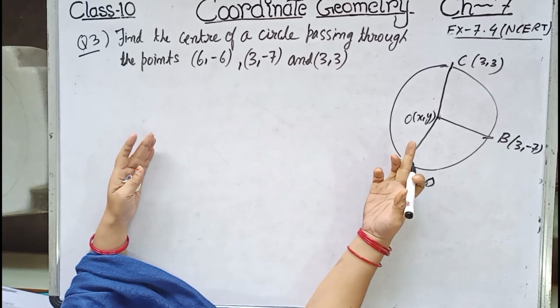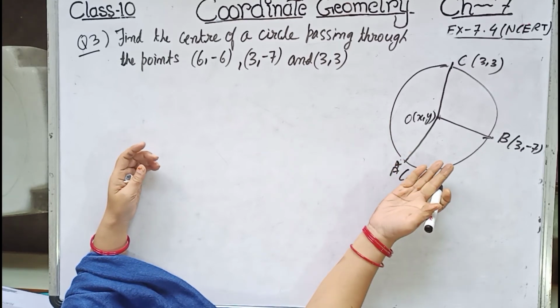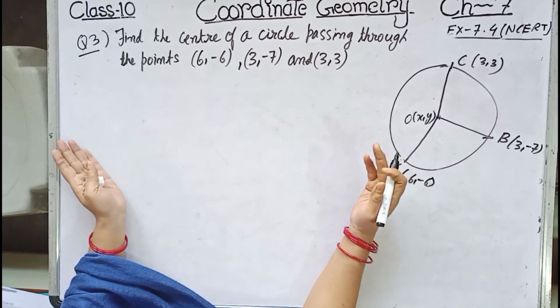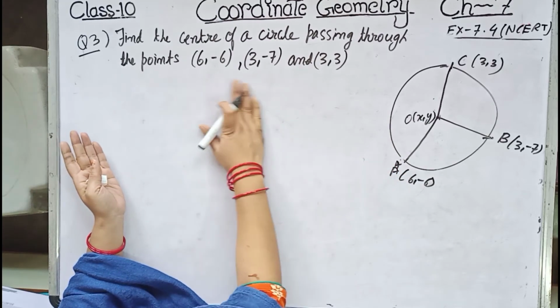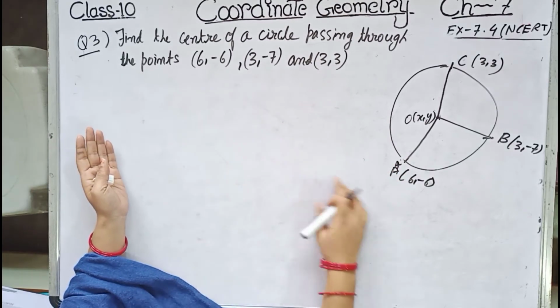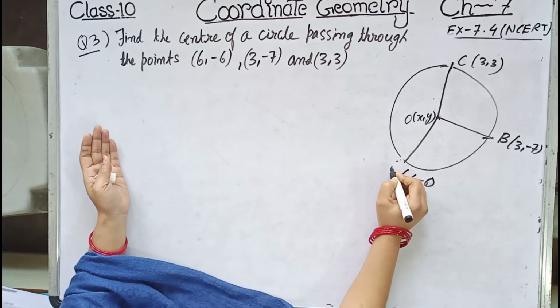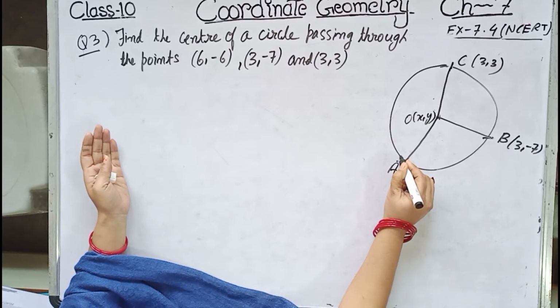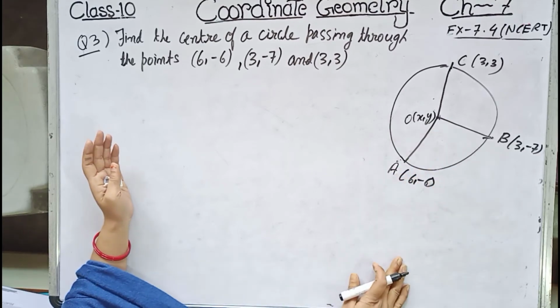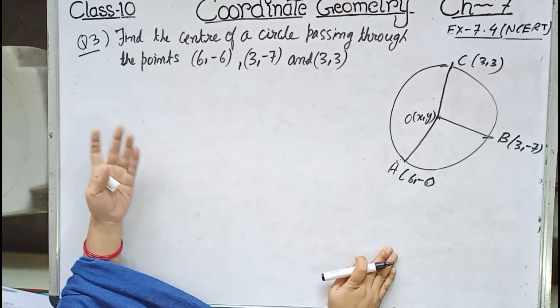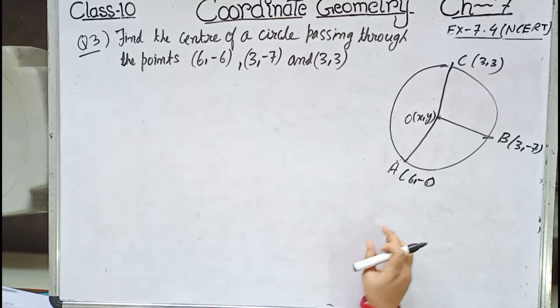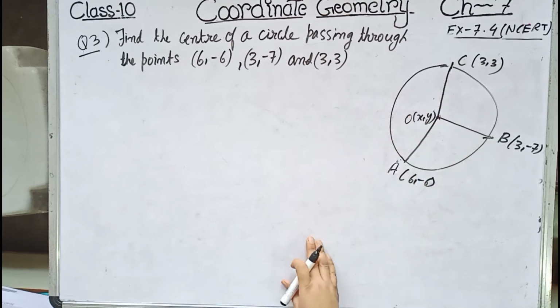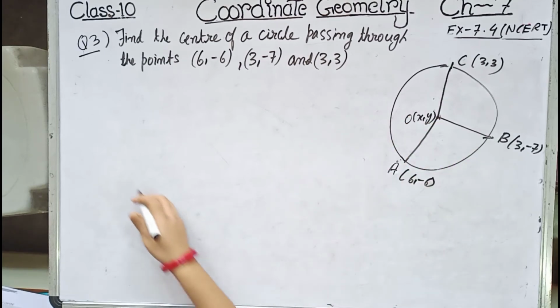So the center of the circle I have supposed as O, whose coordinate has been taken as (x, y), and passing through the points this and this, and the 3 points I have named as A, B and C. So let us move on. And one property you know is that the center of the circle is equidistant from any point on its boundary. So we can write OA equals OB equals OC. Obviously OA, OB and OC are the radius also, so they will be equal.